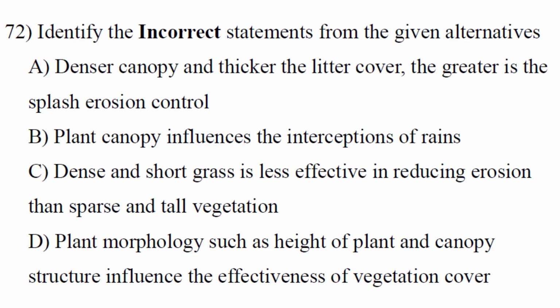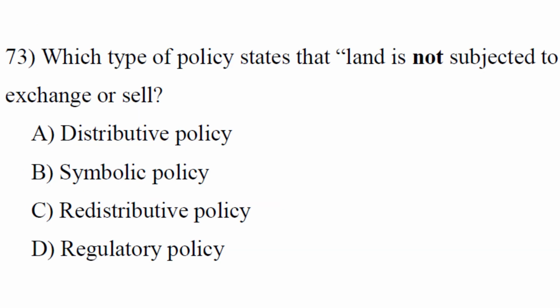D. Plant morphology such as height of plant and canopy structure influence the effectiveness of vegetation cover. Answer, C. Dense and short grass is less effective in reducing erosion than sparse and tall vegetation.